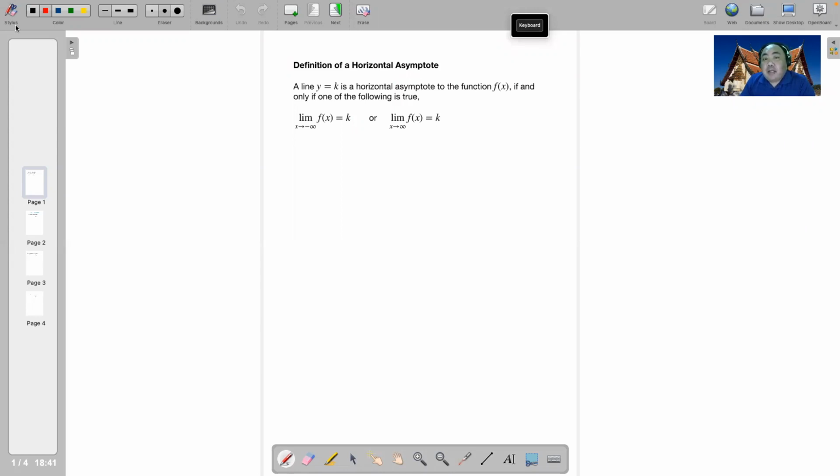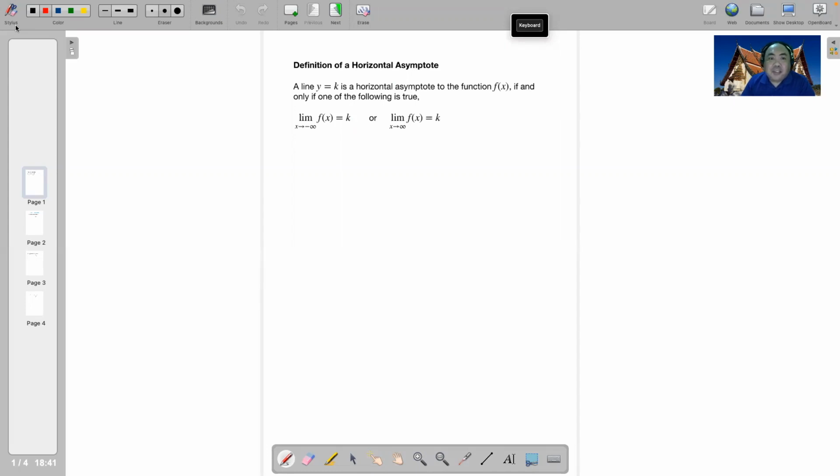A line y equals k is said to be a horizontal asymptote to the function f of x if and only if one of the following is true. The limit of the function as x approaches negative infinity is k, or the limit of the same function as x approaches positive infinity is likewise k.